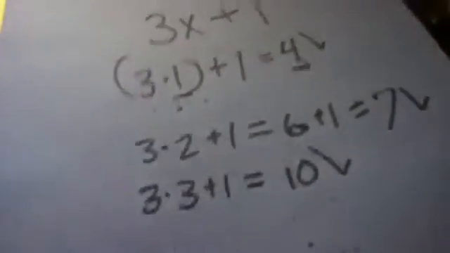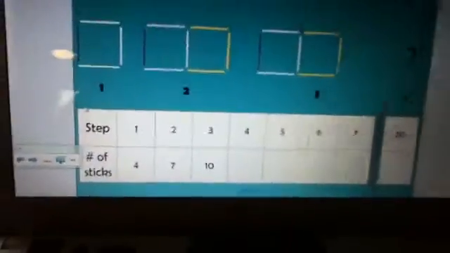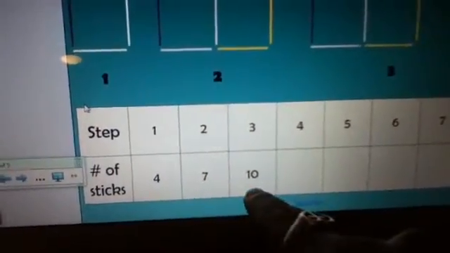Yep, so we checked those patterns in our equation and we got them correct every time, so we know that our algebraic rule is 3x plus 1. Now, looking at this table, we can also see that each time we add 3 more.